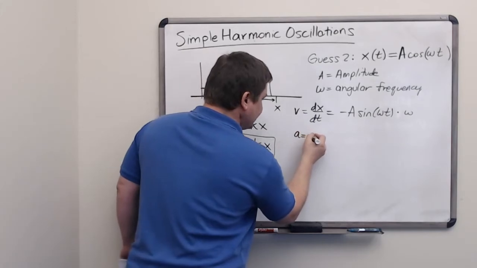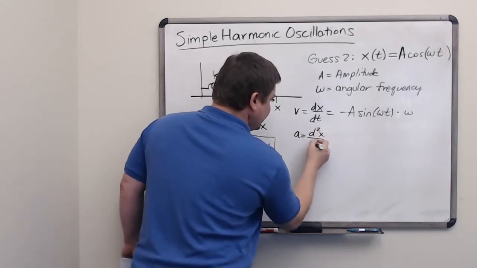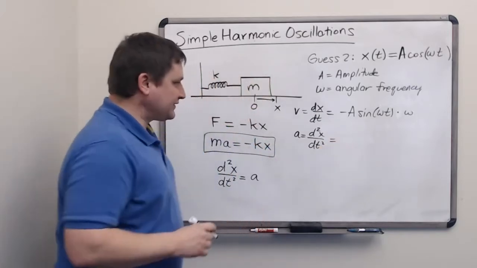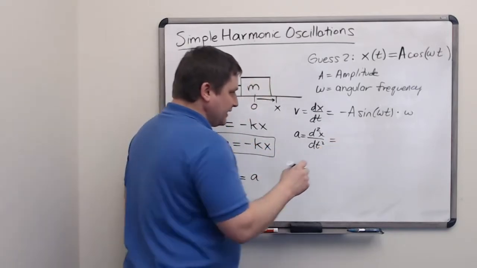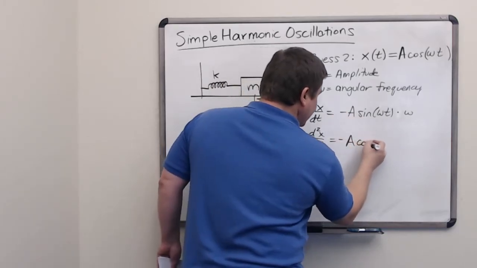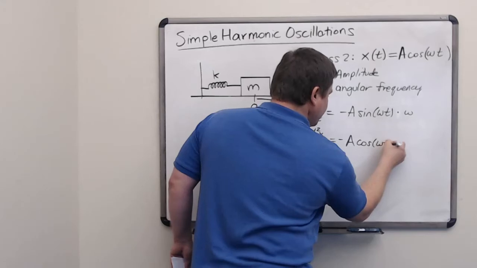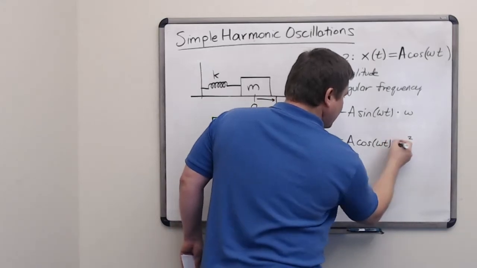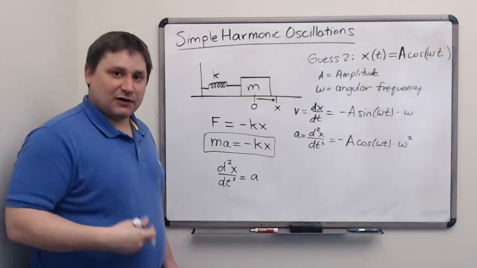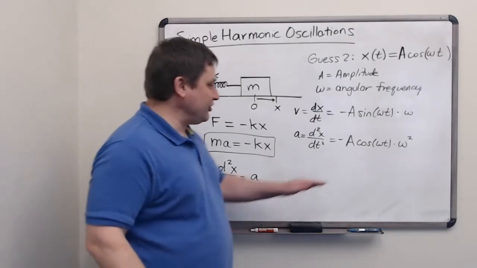Let's go on to the acceleration. Second derivative of position, or first derivative of velocity. If we do this derivative, then we're going to get minus A, the sine turns back into a cosine. And then we get another factor of omega multiplying the expression because of that chain rule again.